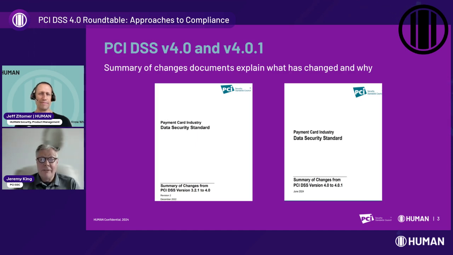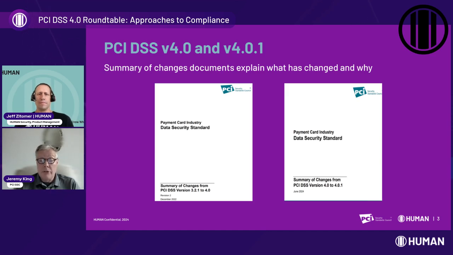So I'm going to start off our little session. When we make changes, and certainly this is the first time we've made big changes to the PCI DSS in a number of years, the best place to start to find out what's been going on are the summary of changes documents. There are two available on our website. One covers the migration from 3.2.1 to version 4.